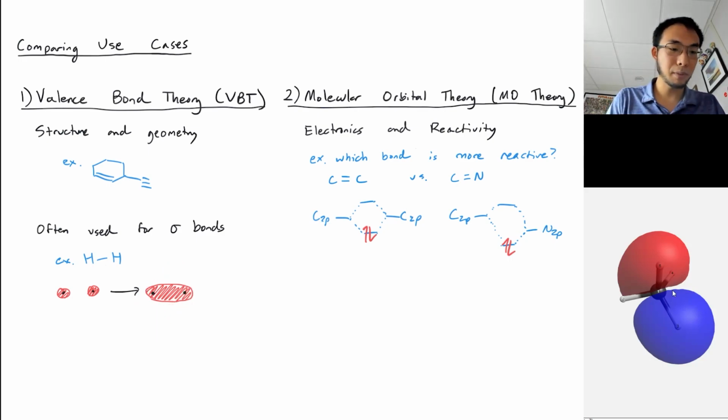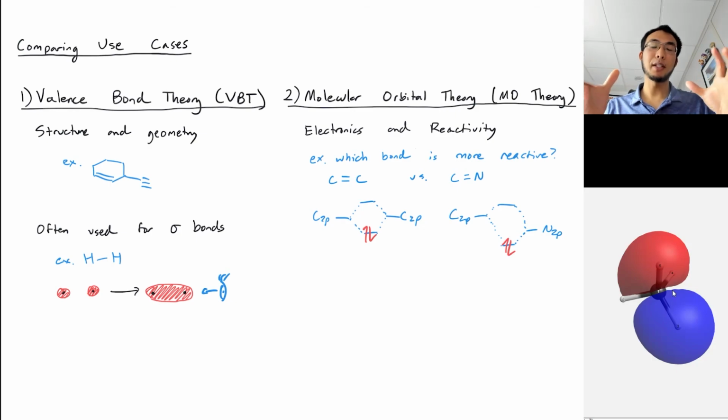So if I look down this axis right here, I'm going to see a cylinder, and that's considered a sigma geometry. That relates back to this original point of structure and geometry, where the sigma bonds make up the backbone of your molecule, and so valence bond theory is what we use to figure out what that looks like.